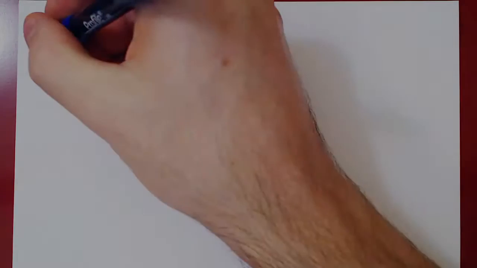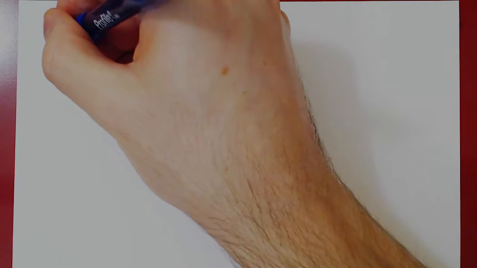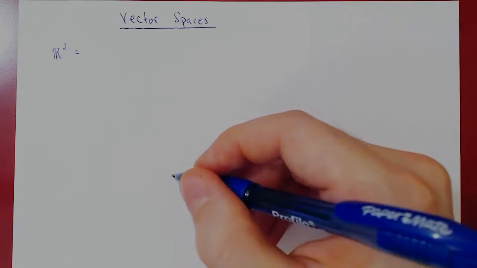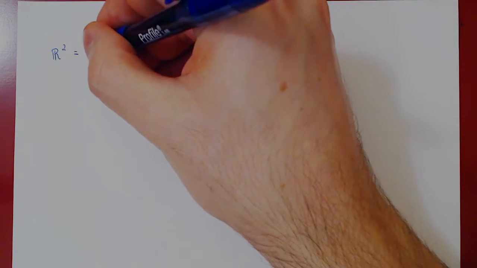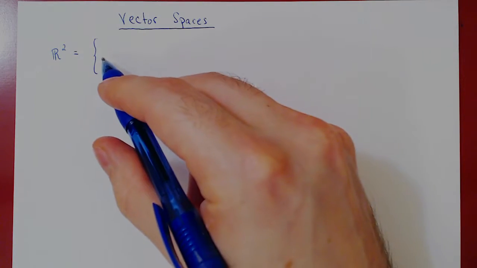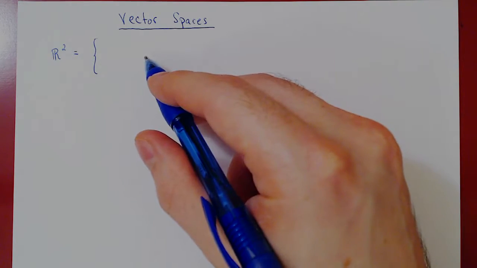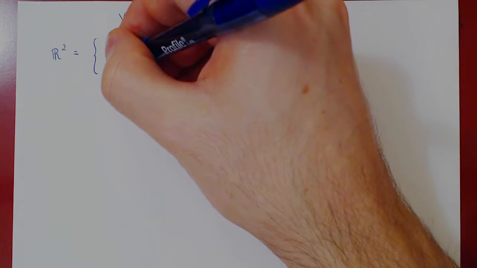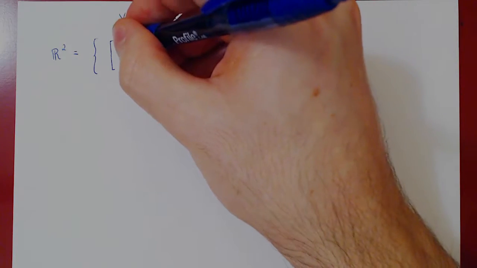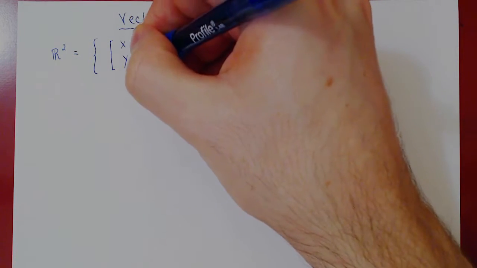direction. So we have R2 naturally, the set of vectors in the xy plane. And if you remember, there are two ways of expressing R2. You can write R2 as the set of real tuples, or you can think of R2 as the set of column matrices with length 2, with two components.